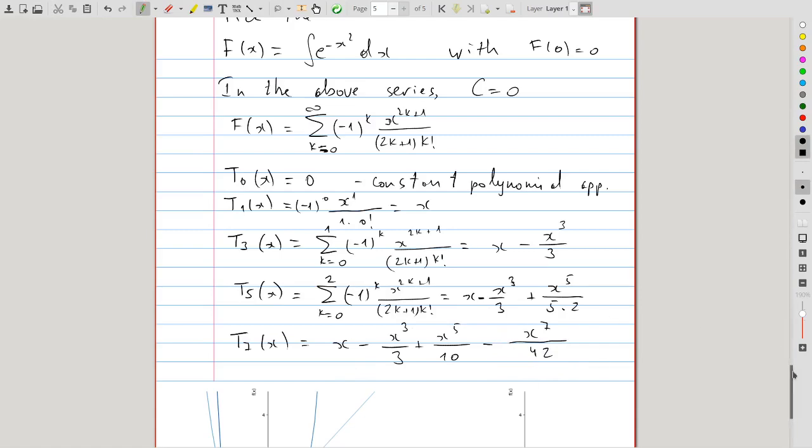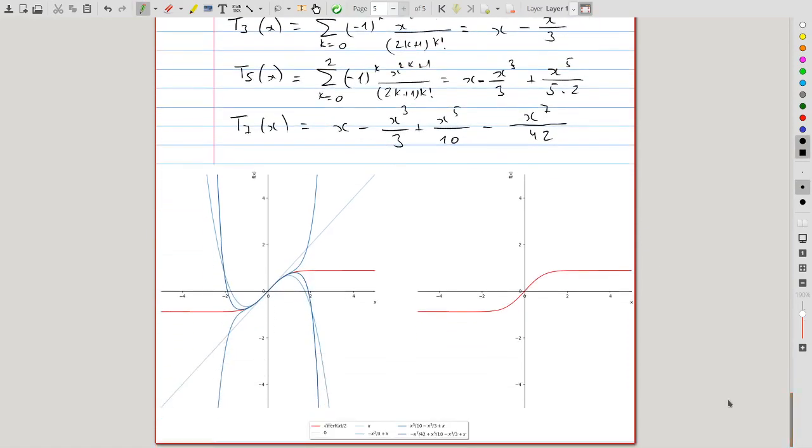And so if we now plot these polynomials next to the function, the antiderivative, here I have in red my f of x. So this is the antiderivative of e to the minus x squared. And here I have the plots of all of my polynomials.